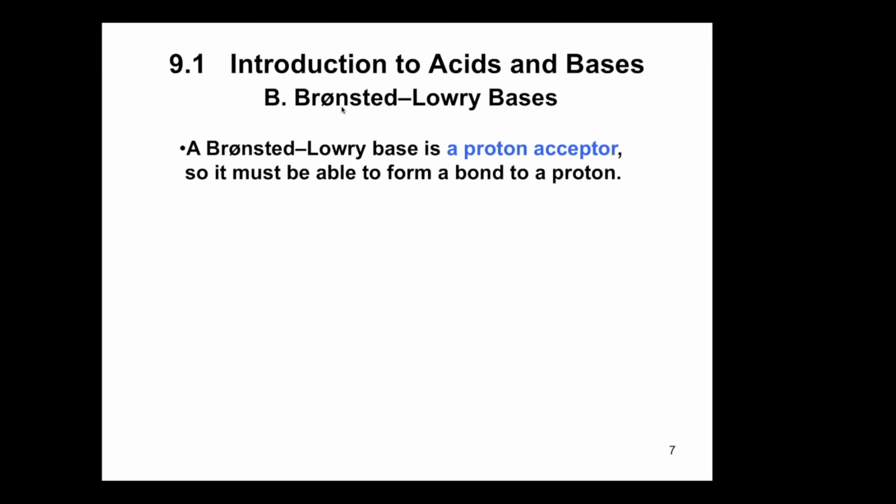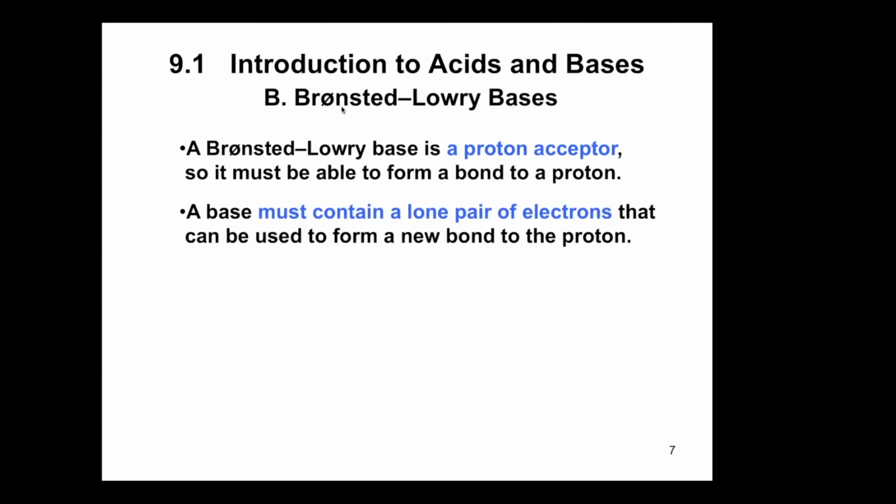Okay, now going to the Bronsted-Lowry bases, a Bronsted-Lowry base is a proton acceptor as we have established earlier, so it must be able to form a bond to a proton. So how can we say that it is a proton acceptor even if we don't see the chemical equation? One of the requirements to be considered a Bronsted-Lowry base is to contain a lone pair of electrons. How do we know?